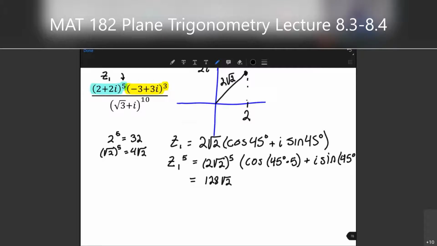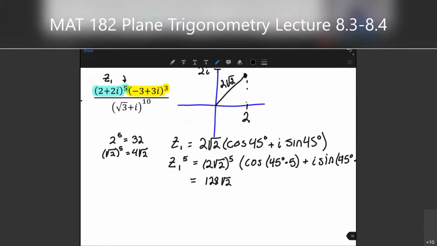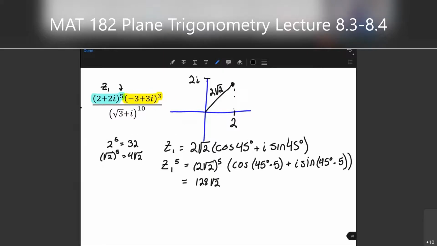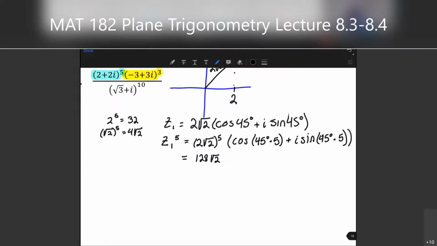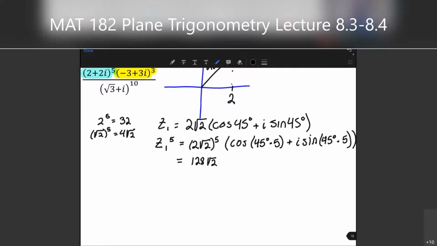And what would be our new argument, that new angle inside cosine and sine? I took 45 times 5.